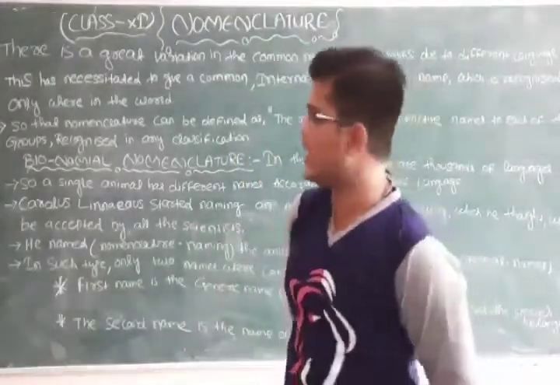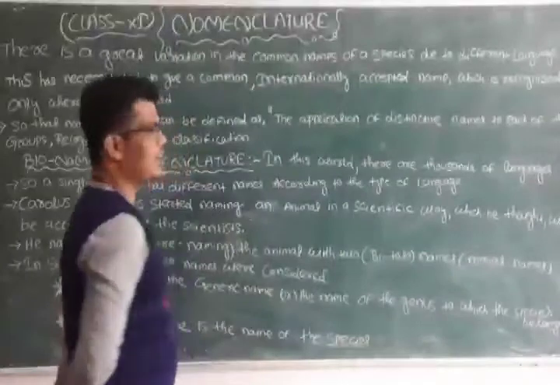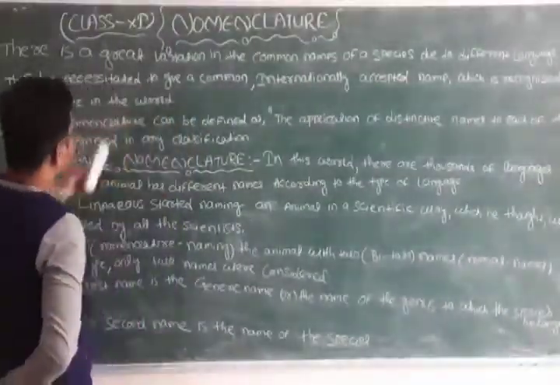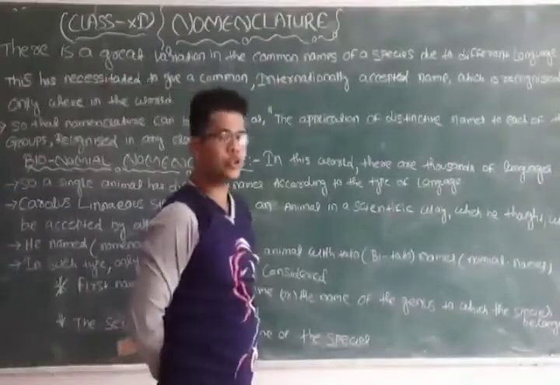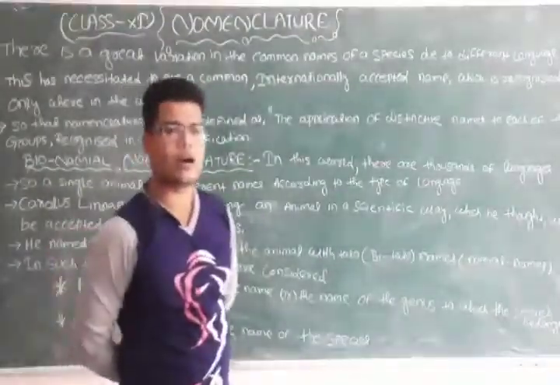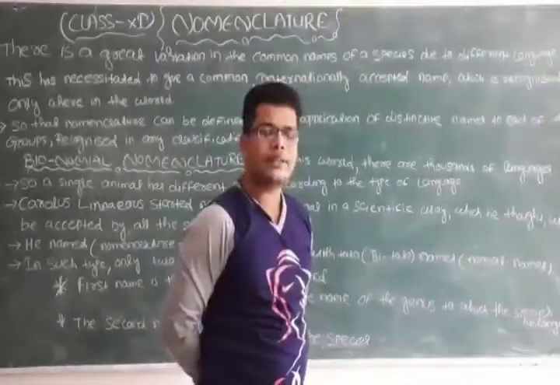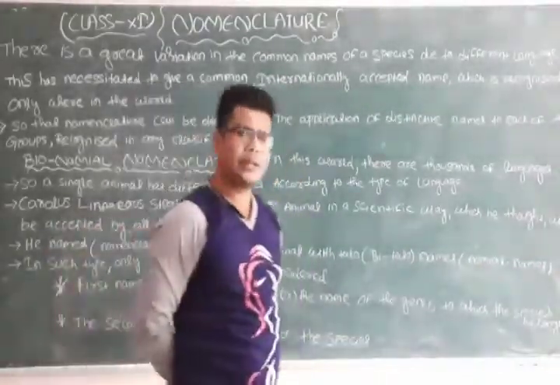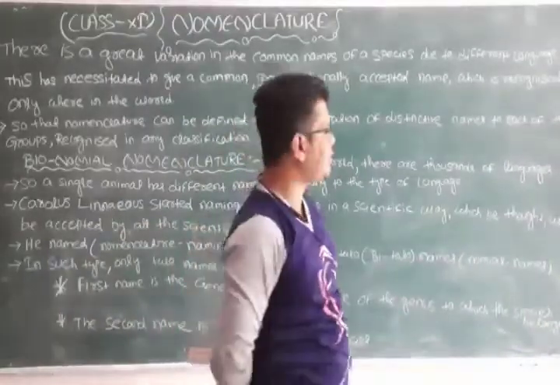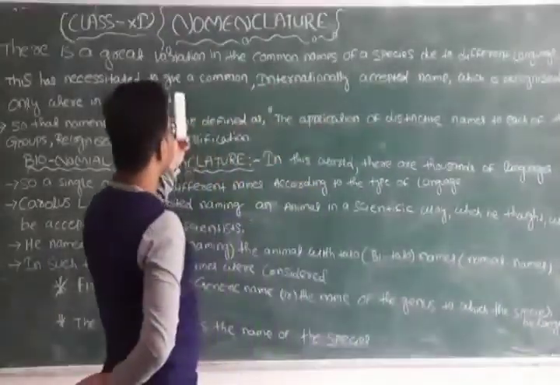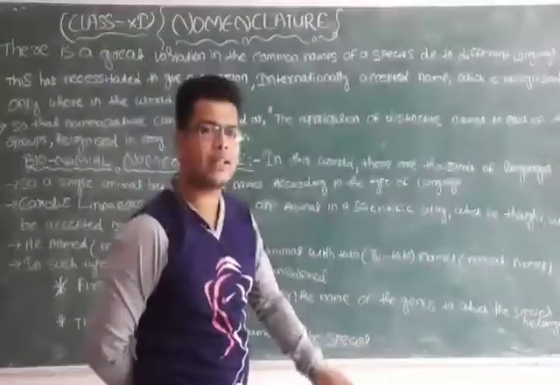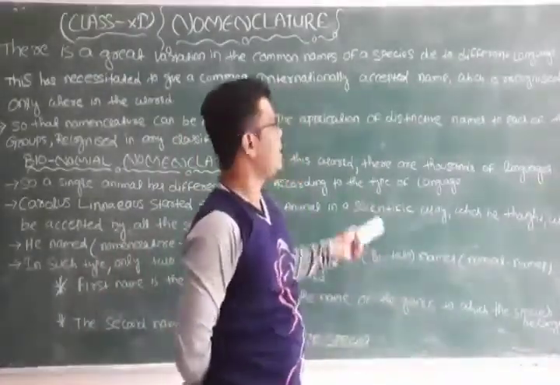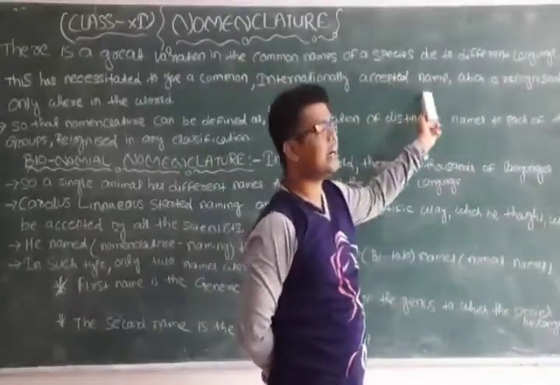So they decided it was necessary to give a common name to every organism. That common name is called the scientific name. The name was given by different scientists and professors, so that they decided to give a particular name to a particular organism by an internationally accepted naming system.